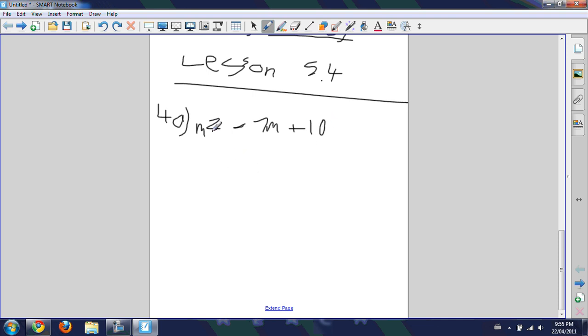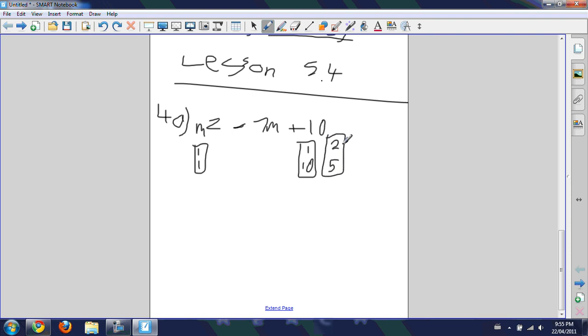So I'm pretty sure you guys know how to do this. You gotta find the factors of 1 and the factors of 10, which are 1 and 10, and 2 and 5.